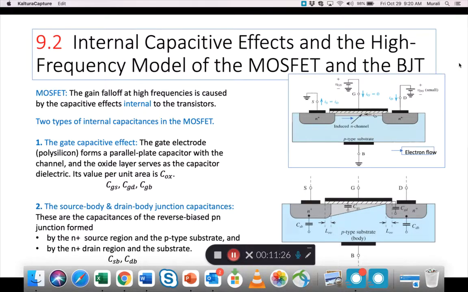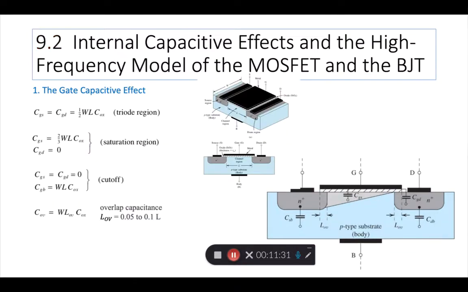Alright, so that is your first introduction to the internal capacitances. Now let's look a little more at each one of them. The next slide shows you again the same picture from the previous slide of the internal capacitances, but I also brought in the old image to show you a couple of things.